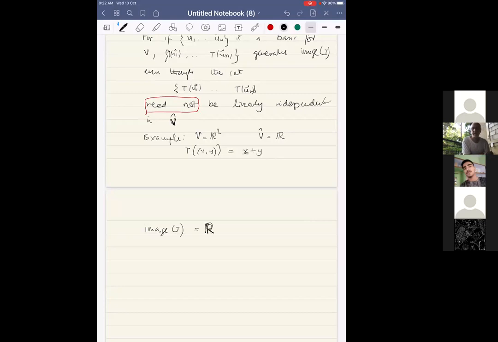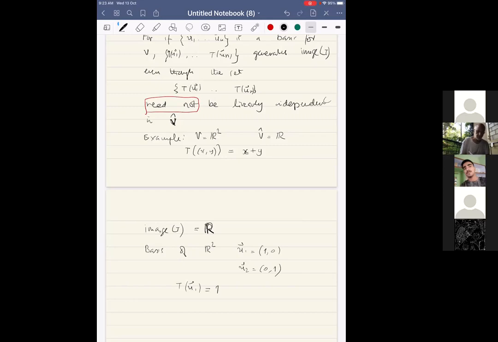Okay. But what is the dimension? So now I'll give you two arguments, and a basis of R2. Take U1 to be (1, 0) and U2 to be (0, 1). What is TU1? 1.